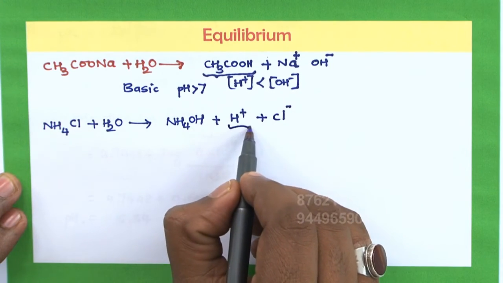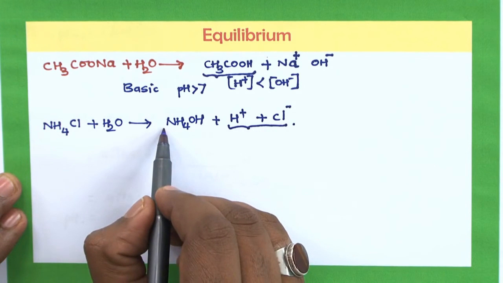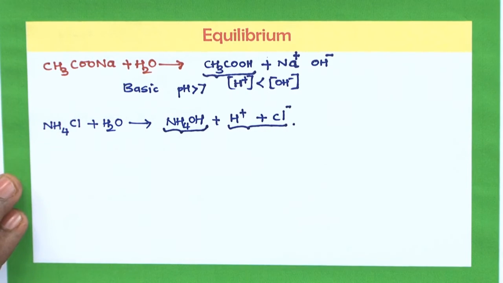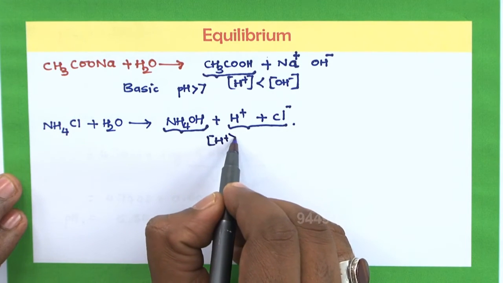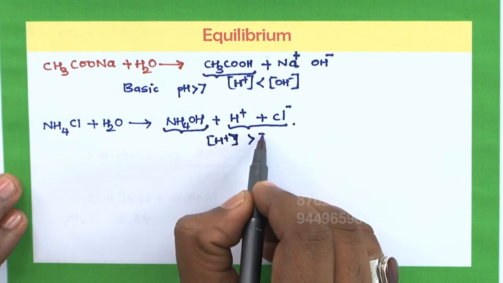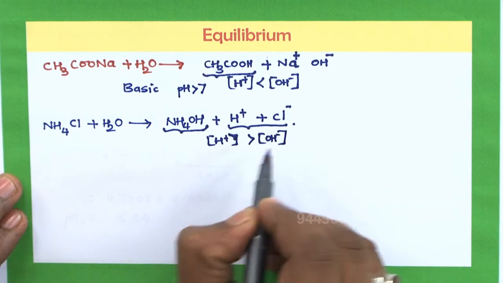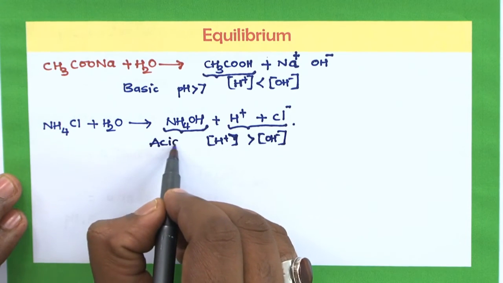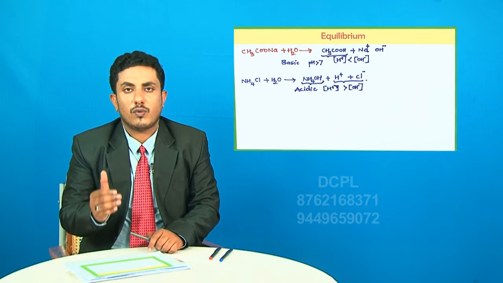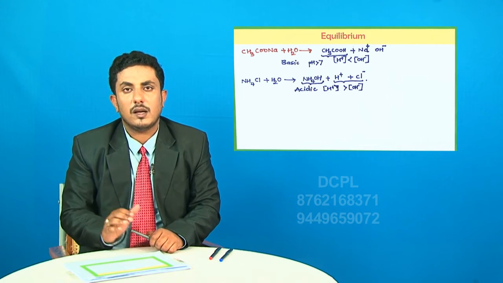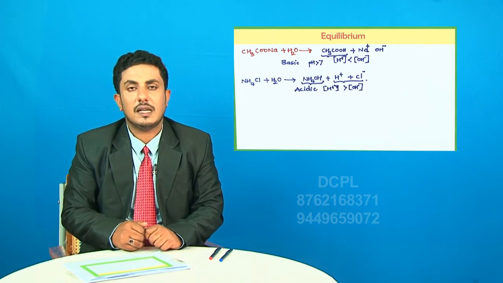HCl is a strong acid, it undergoes complete dissociation, whereas ammonium hydroxide is weak, it undergoes partial dissociation. In this solution, the concentration of H plus will be greater than the concentration of OH minus ions, hence the solution will be acidic in nature, and its pH will be less than 7 at 25 degrees Celsius. That is, for a salt of a weak base and a strong acid, the aqueous solution will be acidic.